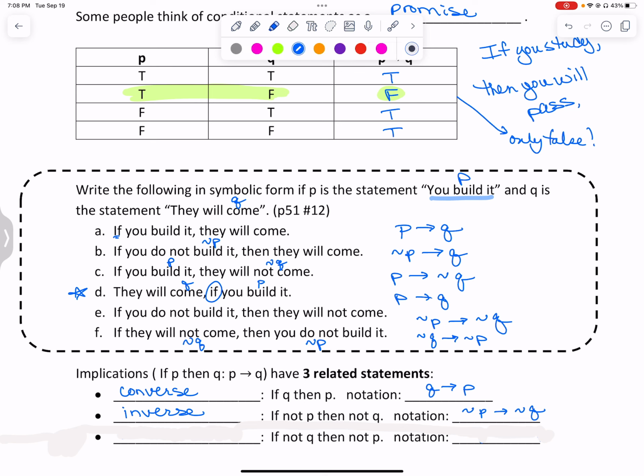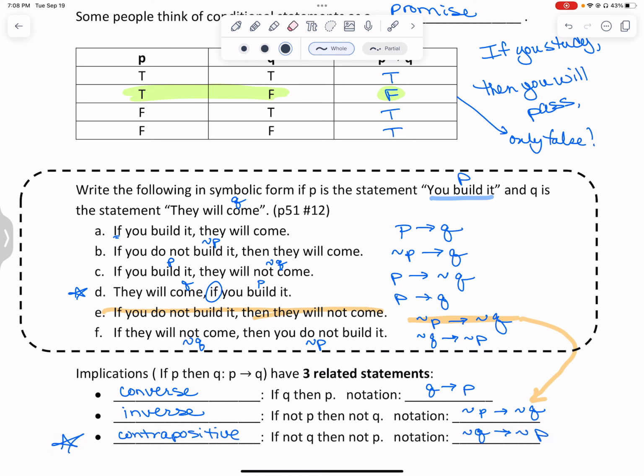Let's do it in a different color. That's this one right here. Right, so that's my inverse. If you do not build it, then they do not come. And then the last one is the most important. That's why it is starred, okay?